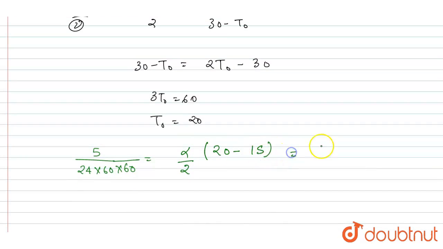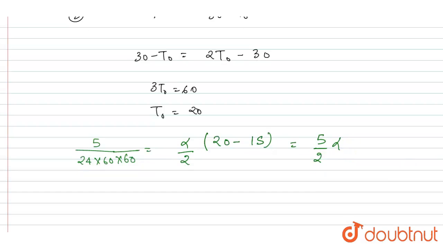So we'll get 5 by 2 alpha. From here, this 5 will get cancelled out, this 2 will also get cancelled out, and I will write 1 by 2 into this into this.